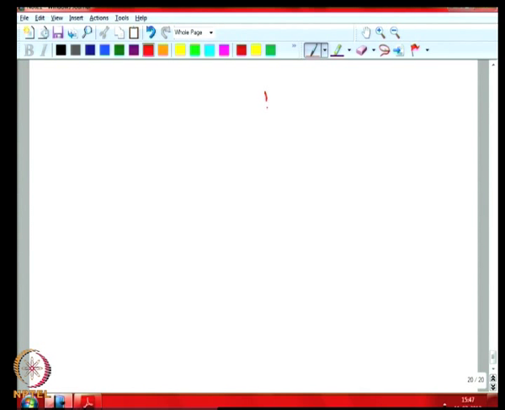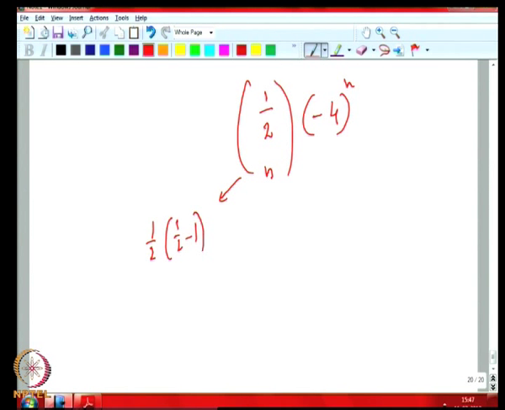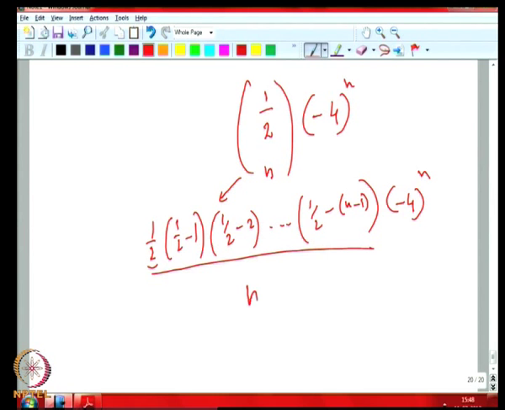Half choose n into minus 4 raised to n is half into half minus 1 into half minus 2 up to half minus n minus 1, because you started with 1. So we need a total of n terms: the first term and n minus 1 more terms, and we have a minus 4 raised to n here, divided by n factorial as usual.